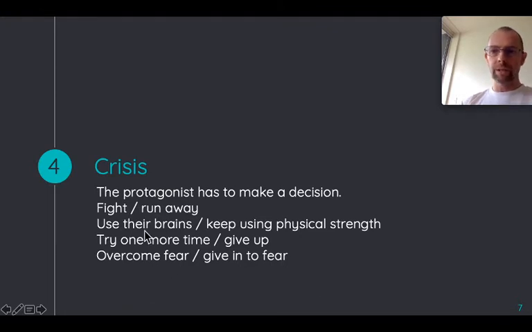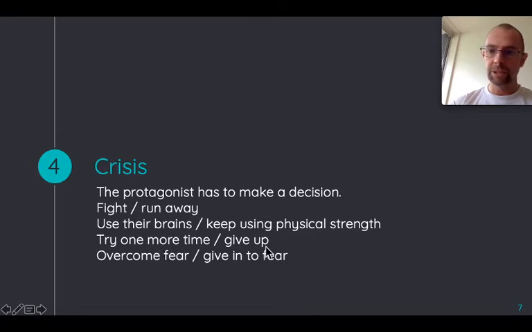Often this is the point where the try-fail cycle of the progressive complications ends, and their old strategy, for example, maybe their old strategy was just to run away from conflict. Now their new strategy is that they have to fight. Their old strategy was to use their physical strength. Their new strategy is to use their brains.